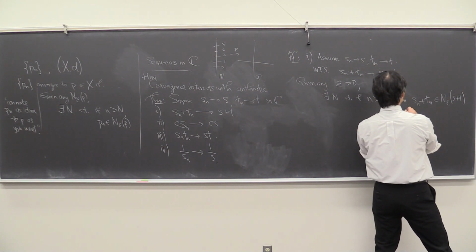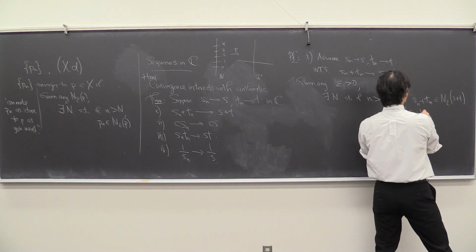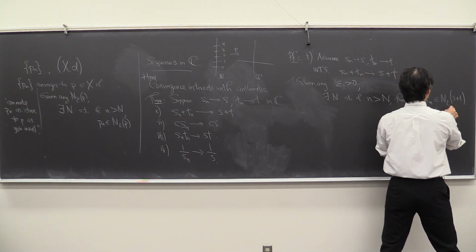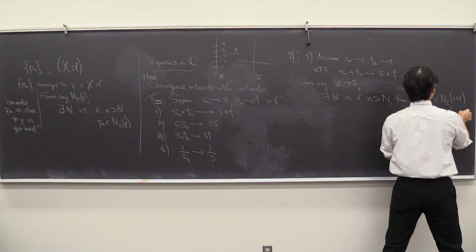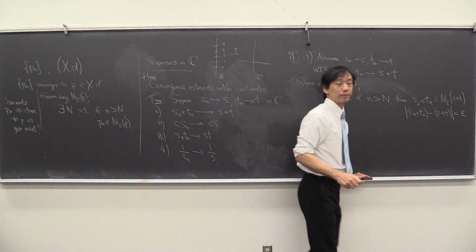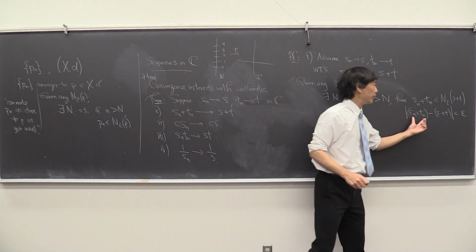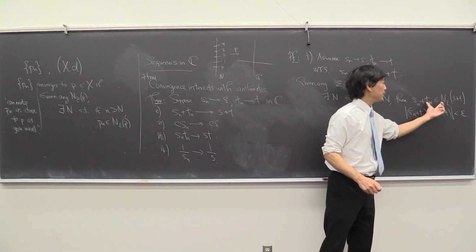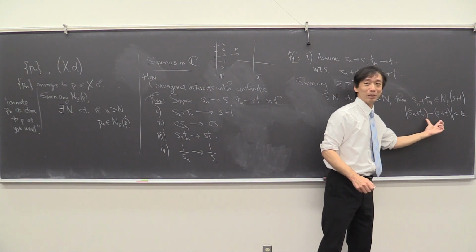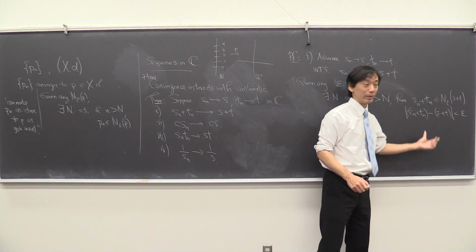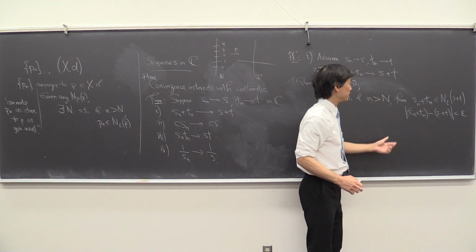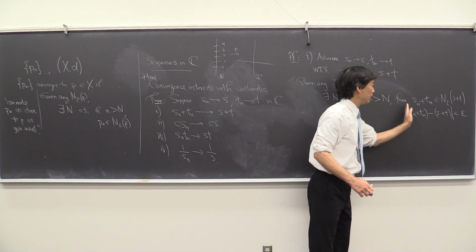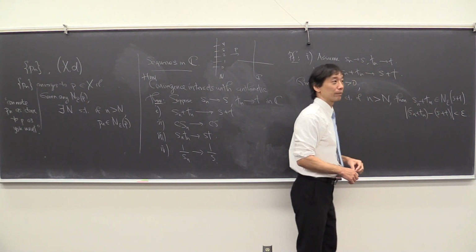In other words, the modulus of S_n plus T_n minus (S plus T) is smaller than epsilon. The distance between this and that is smaller than epsilon. In this case, it's maybe easier to understand because distance in complex numbers is just the modulus of the difference.